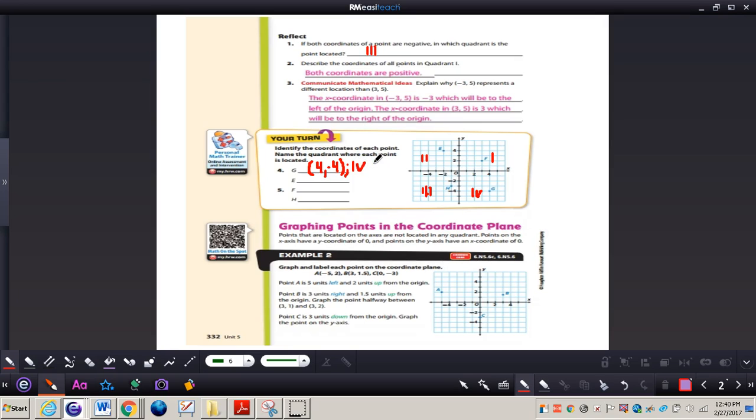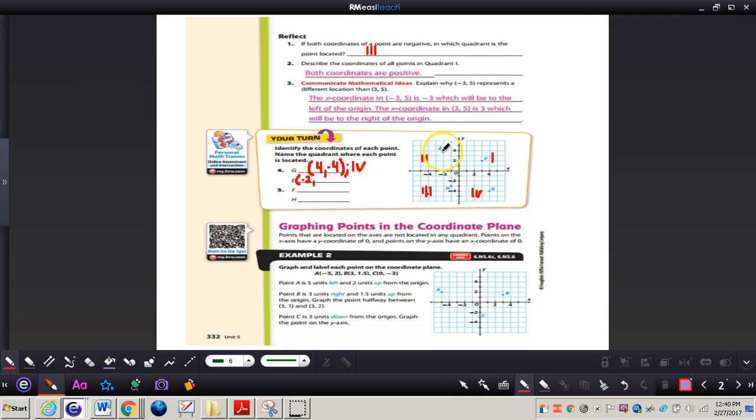So let's take a look at letter E. So we start at our origin, and this time we have to move left on the x-axis. So since we're moving left on the x-axis to find our plotted point, that means it's going to begin with a negative number. So you can see that E is in line with -2, so that would be the first number in our ordered pair, -2. We'll put our comma there.